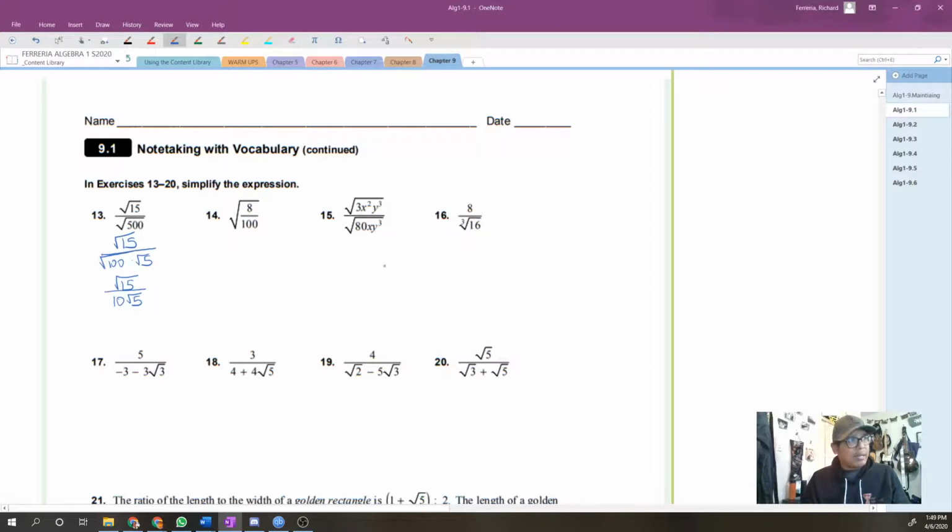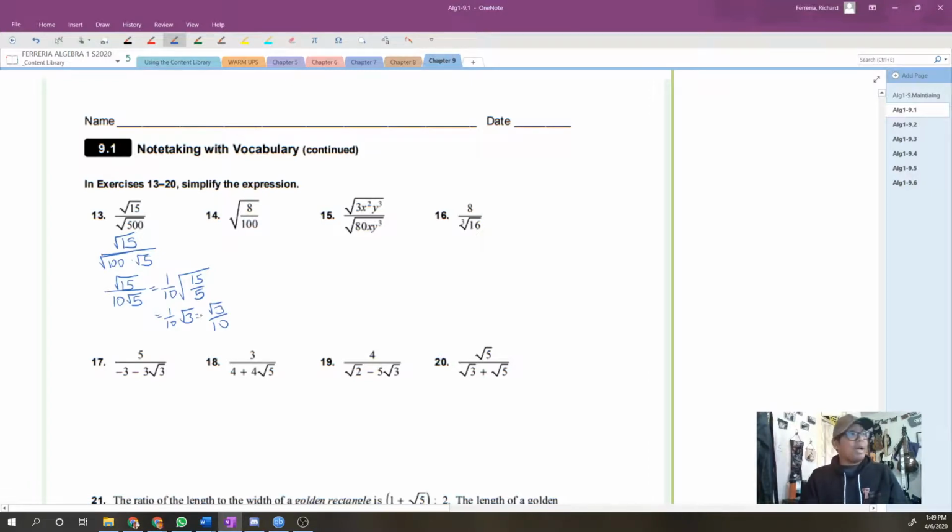Seems to me that I can do some division here. So I'm going to put those radicals back together and say this is the same thing as 1/10 multiplied by the square root of 15 over 5. 15 divided by 5 is 3. So this is 1/10 radical 3, which is the same thing as radical 3 over 10.